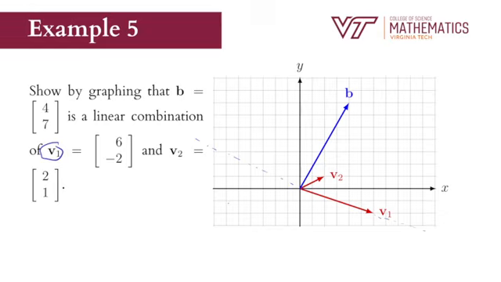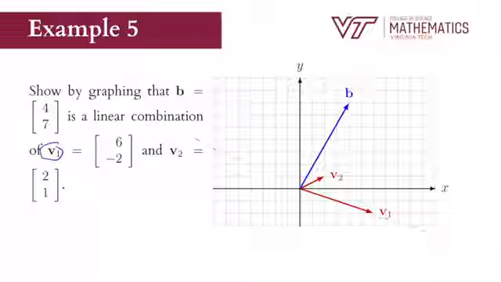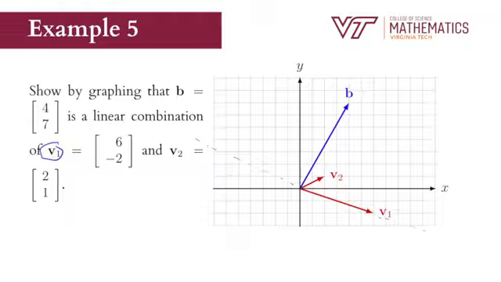And somewhere on that blue line is going to be the first part of the trip that will end at B. So we're starting out here, we're traveling in the V1 direction. Now the second part of the trip ends at B, but the second part of the trip goes in the direction of V2.